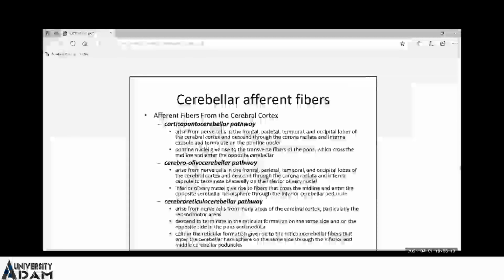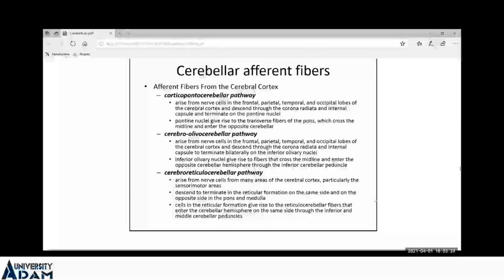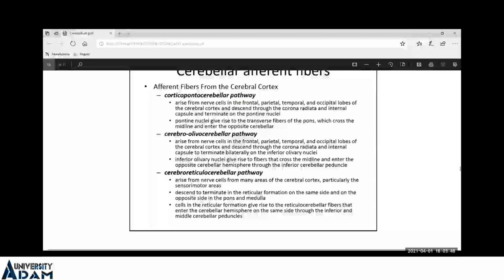So this is the efferent fibers, okay? But actually, guys, the names of these fibers and tracts are really simple, because they carry the name of where the pathway starts. So this pathway starts from the cortex and goes to the pons and ends in the cerebellum.